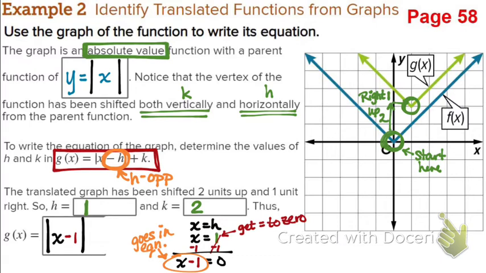I always think about k like it's a little sibling that wants to tag along with the older kids. It is always left out. It is always at the very end. It never is inside with x. It's always tagging along behind. Hey, don't forget me. And we always just take it the way it is. Did we go up or down here? Up, how many units? 2. So on the end, I put a plus 2.